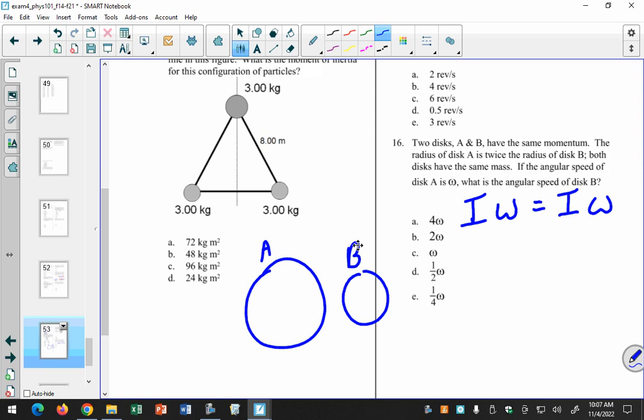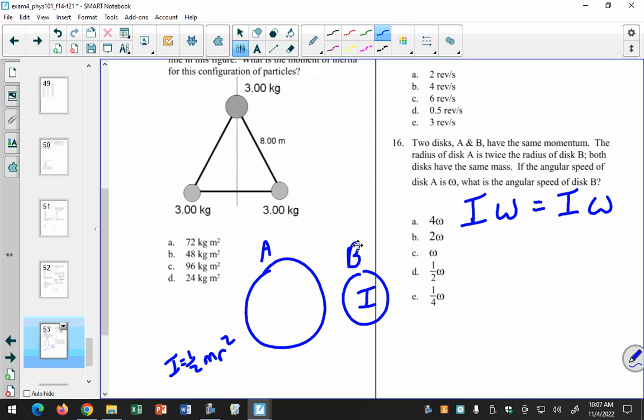So I need to think about how their moments of inertia are different. I know that moment of inertia is equal to 1/2 mr squared. Let's say that this is moment of inertia I. What is going to be the moment of inertia in relation of disk A? Is the moment of inertia going to be bigger or smaller? It's going to be quite a bit bigger.